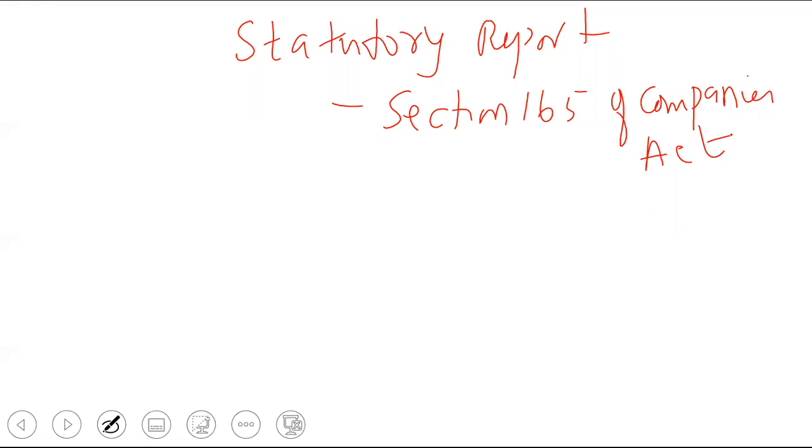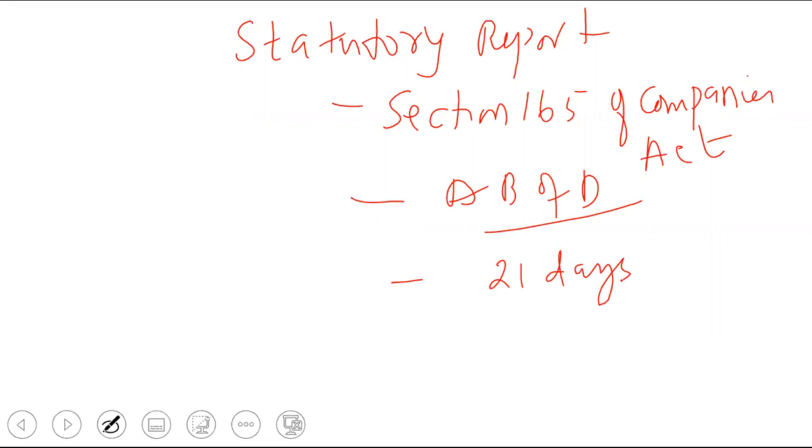Some people are not listening, especially boys. Statutory reports will be prepared by the board of directors. When do they prepare it? 21 days prior to the annual general body meeting or statutory meeting. If there is a meeting in the company tomorrow, the notice cannot be sent today, minimum 21 days time has to be given. And within that 21 days the statutory report also has to be sent.